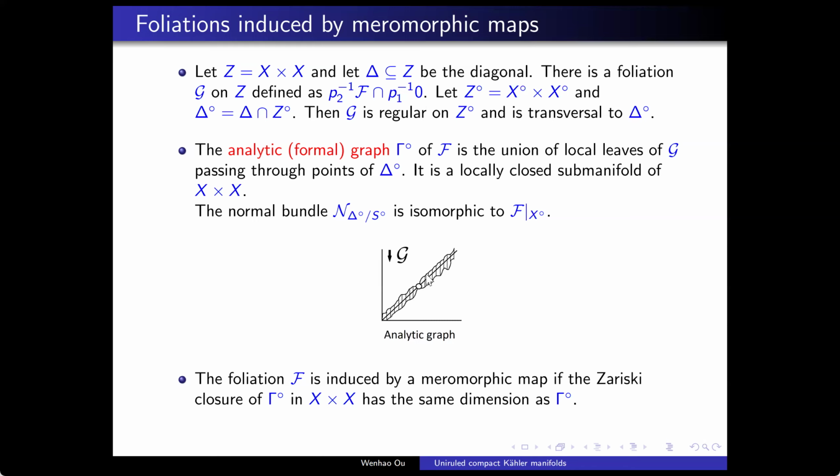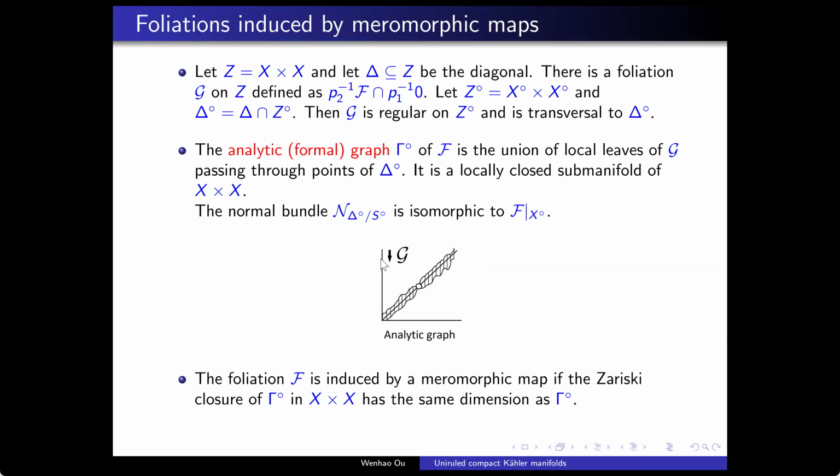By patching everything together, you get this shaded region around this diagonal. And this shaded region is the formal graph or analytic graph. So in this picture, this seems to be a tubular neighborhood of delta 0. But in general, this is not true.